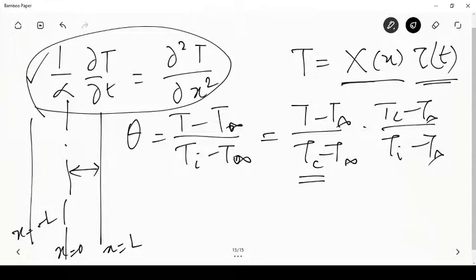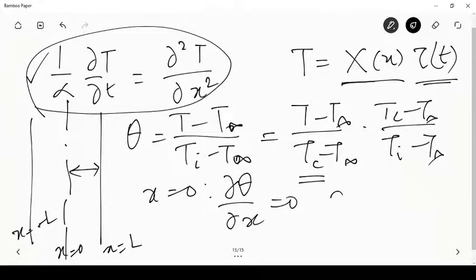So the boundary conditions will be at the center line, because of symmetry, at x equal to 0, del theta by del x will be 0, and at x equal to L, you will have the convective boundary condition in the case where there is an h and T infinity, and a fixed boundary condition.